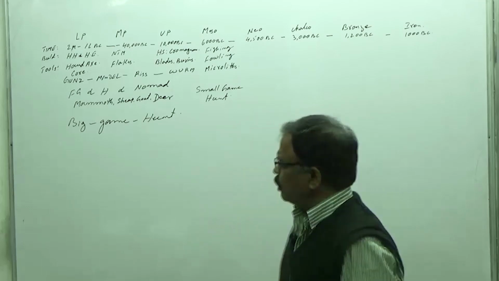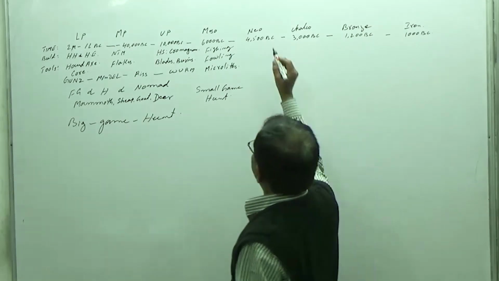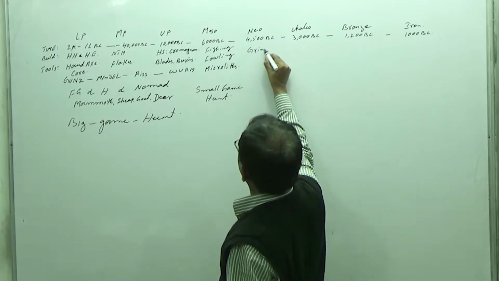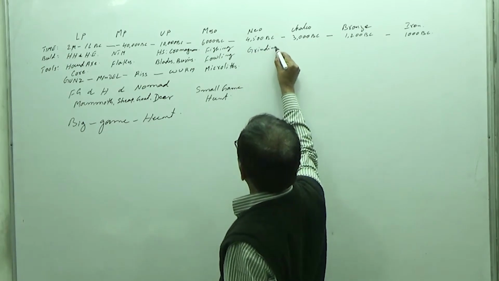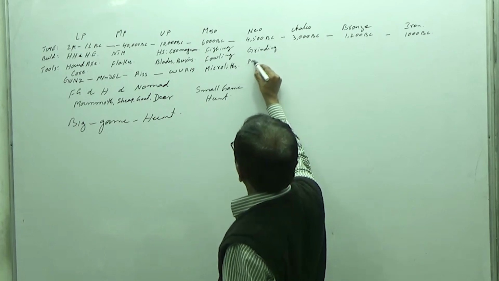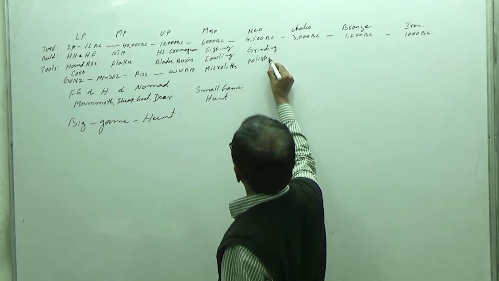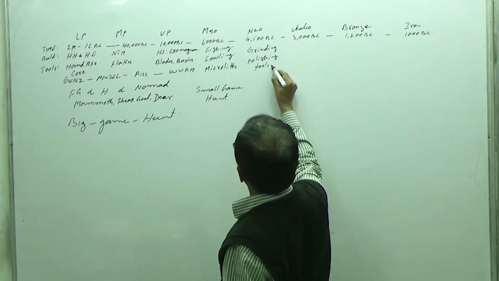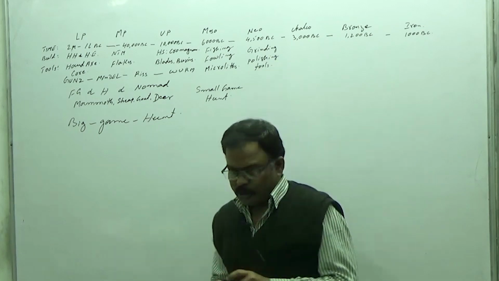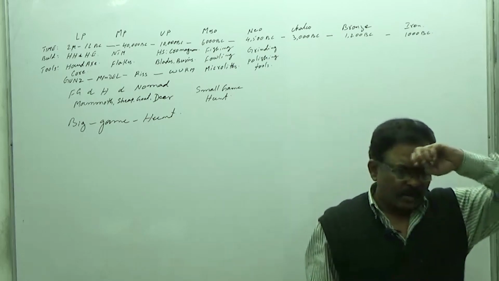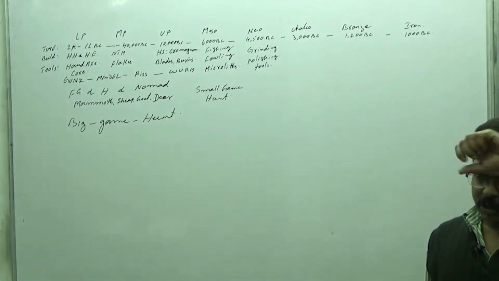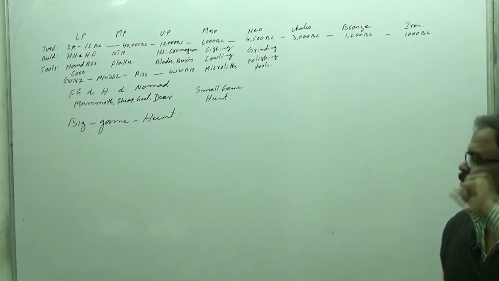That means in this period man started to use grinding and polishing tools. That's why Neolithic cultures are known as grinding and polishing cultures as per the tool technology.